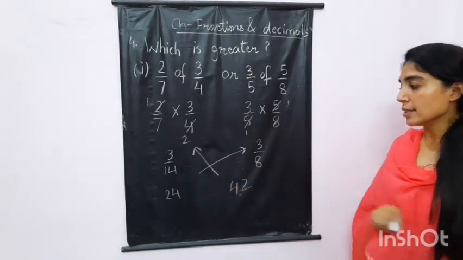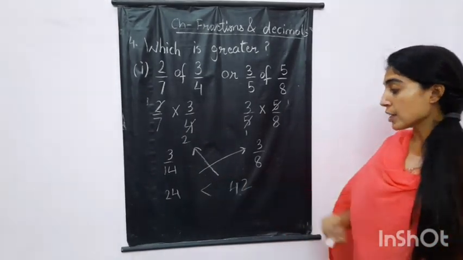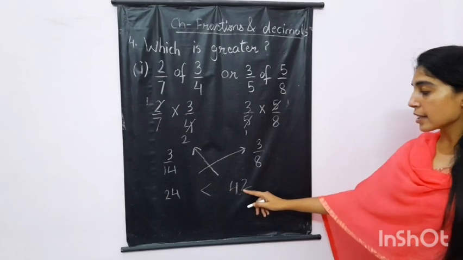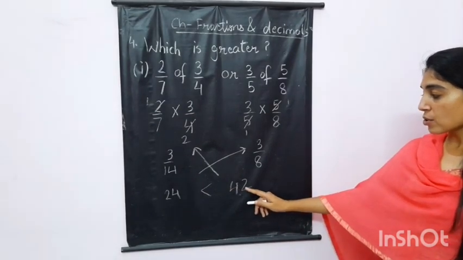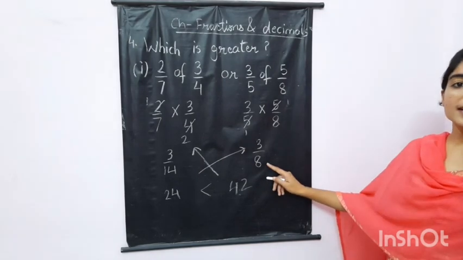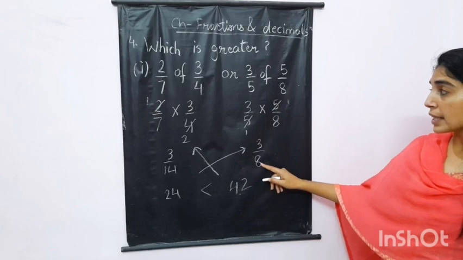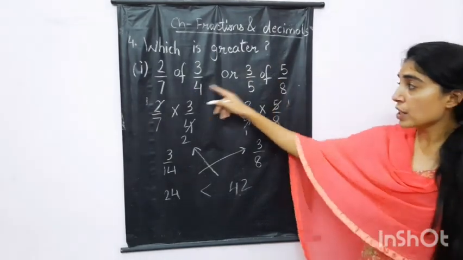Now which is greater, 24 or 42? We all know 42 is greater than 24. So our greater than sign is coming this side. So this side number is greater, so we will say this fraction is greater. Out of these two, which is greater?